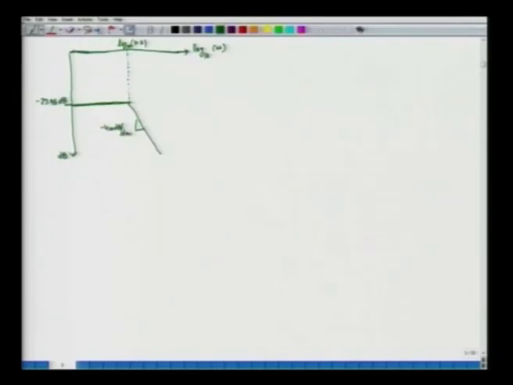This is the Bode magnitude plot for H2 times H3.